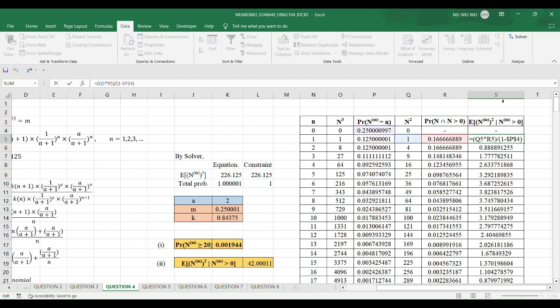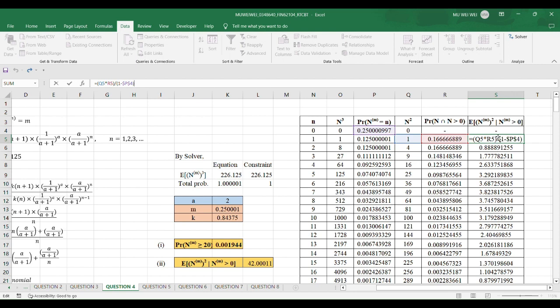And to get the expected value, it is the expected Nm squared, which intersects with the probability of Nm larger than 0, divided by the probability of Nm larger than 0.